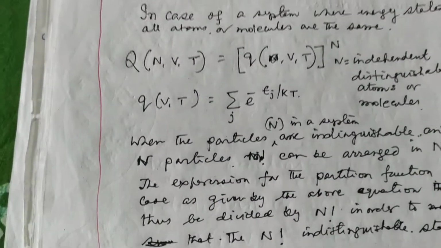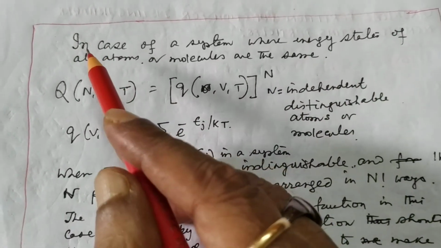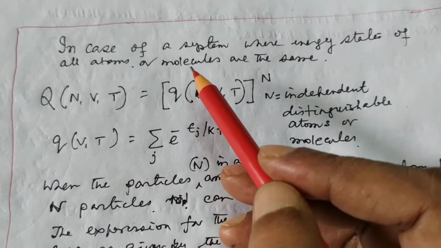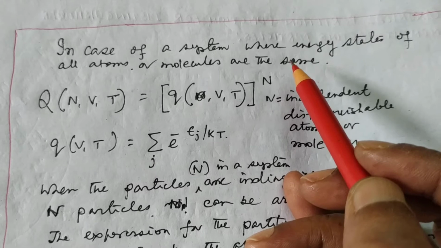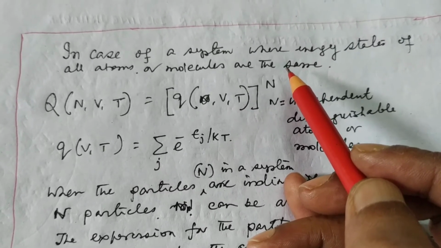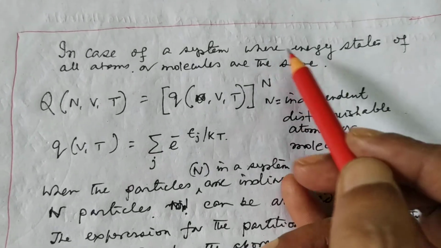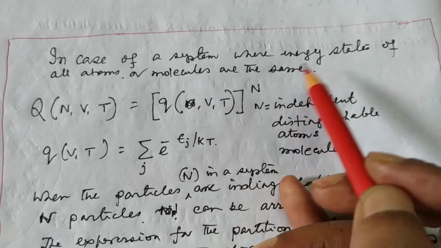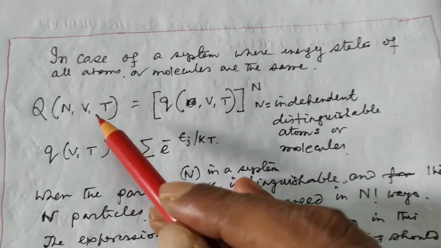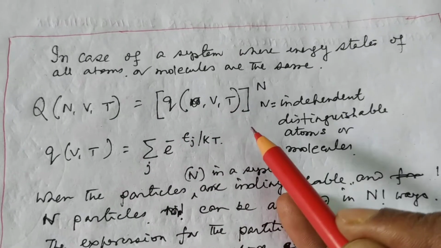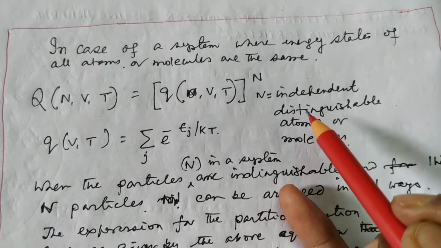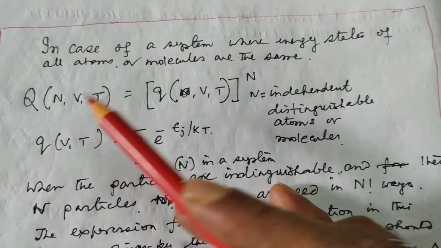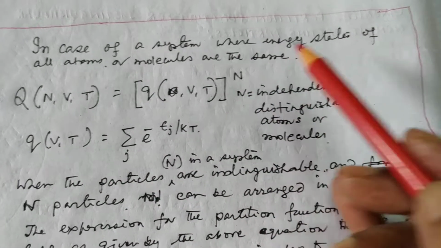Let us focus our attention here. In the case of a system where the particles are distinguishable, with N independent distinguishable atoms or molecules, we can write Q(N,V,T) equals q(V,T) to the power N, because the partition function will be q1 into q2 into q3 into q4 up to qN.